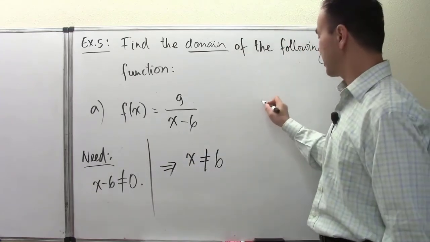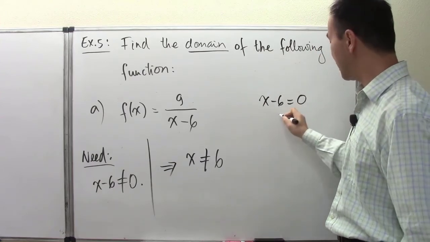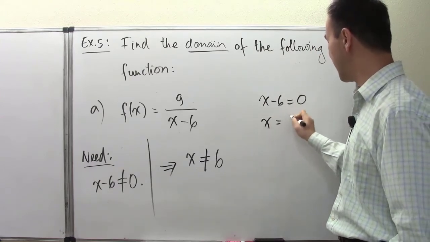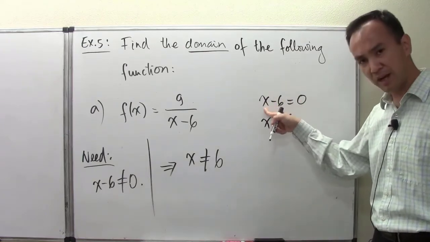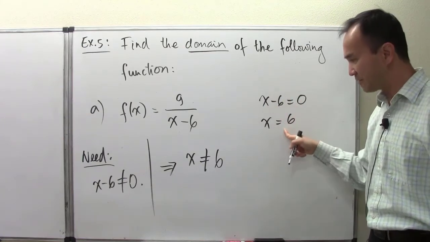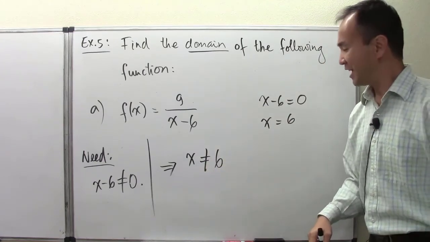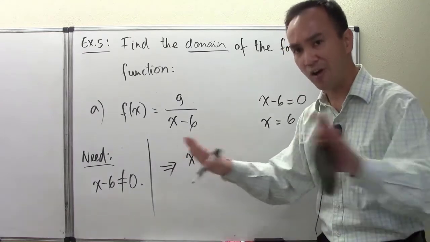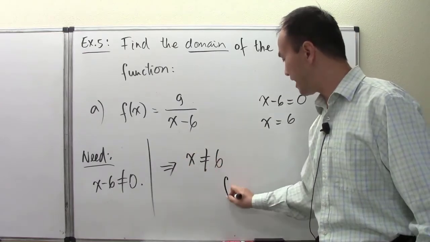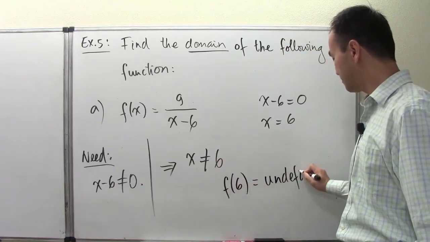Again, simply because we purposely set x minus 6 equal to 0, and that led to finding out that x has to equal 6. That's the only value causing x minus 6 equals 0. But from that, we're going to exclude it, take it out, because when we do f of 6, we have an undefined value.